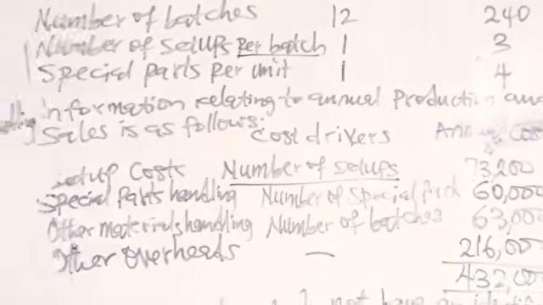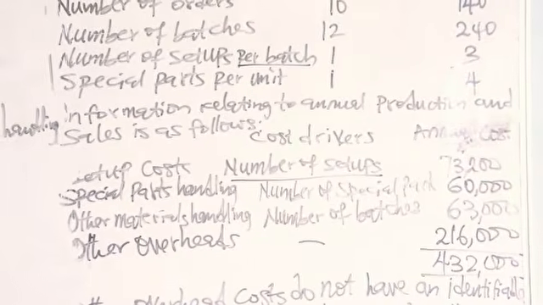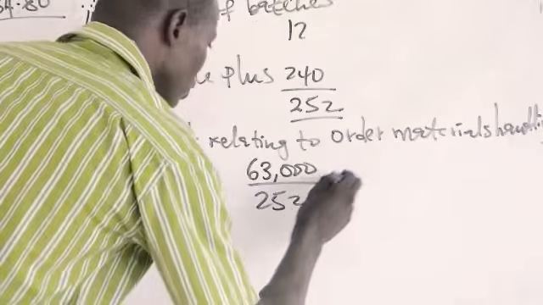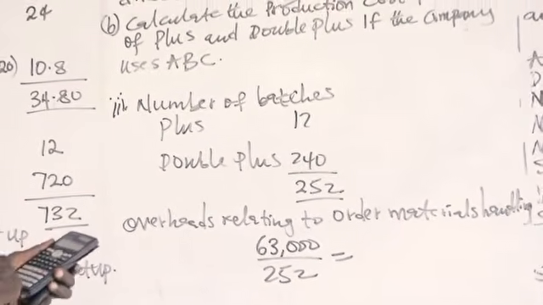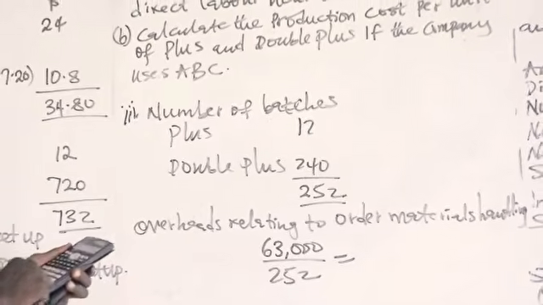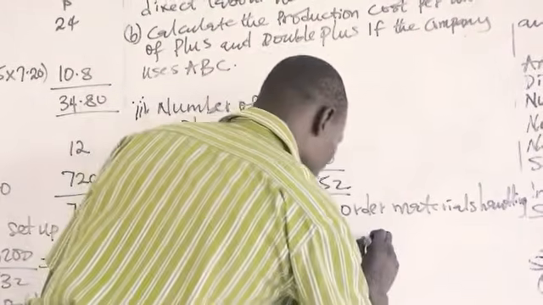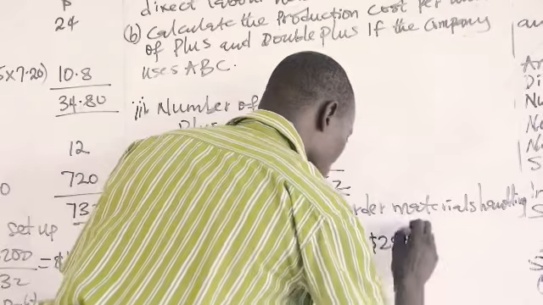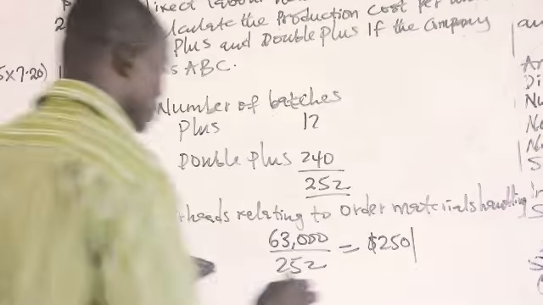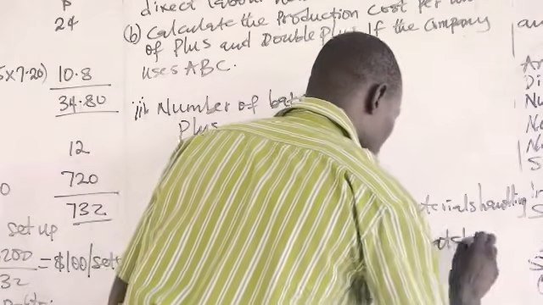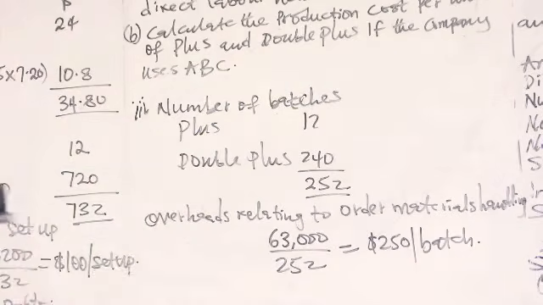You divide that 63,000 by 252, and that will give us $250 per batch. That is overheads relating to other materials handling.